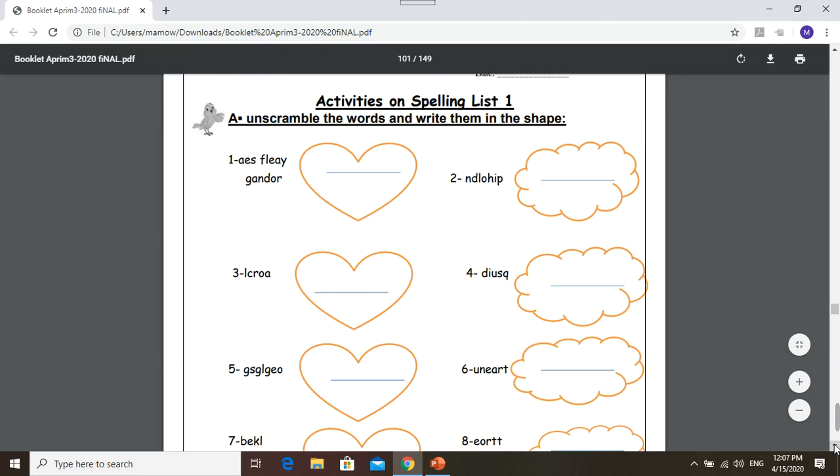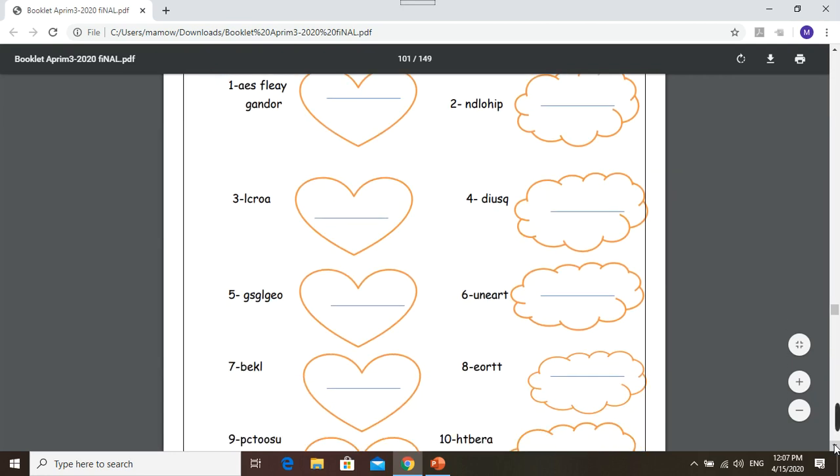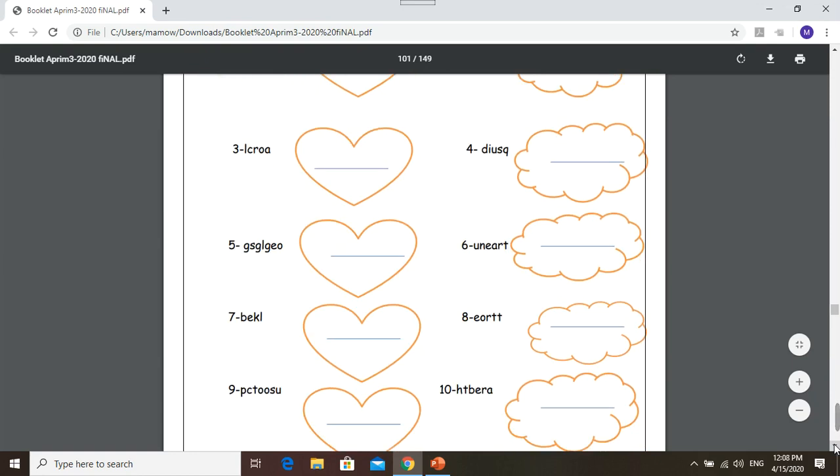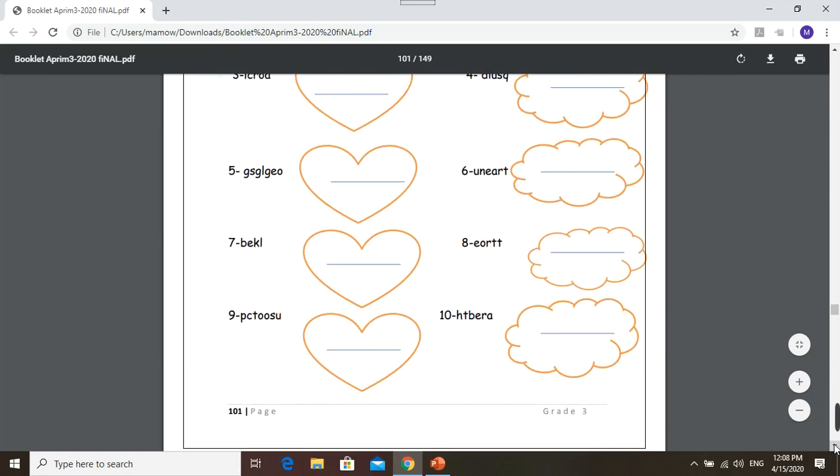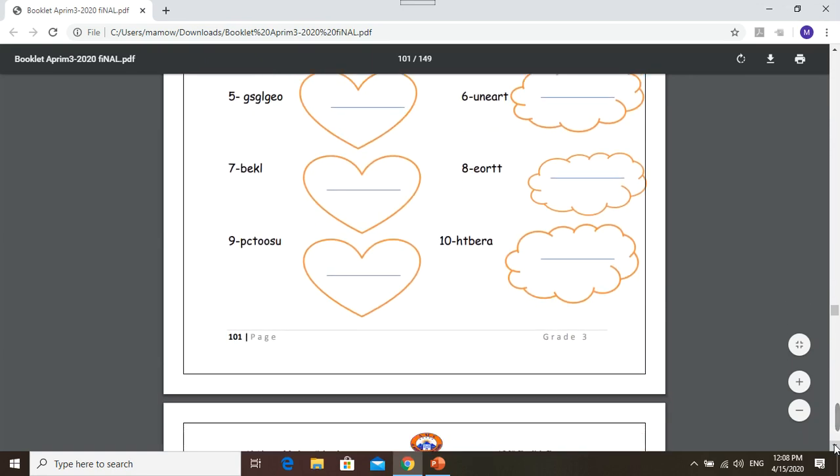Dolphin. Great. 3. Coral. Excellent. 4. Squid. Excellent. Number 5. It's very clear. Goggles. Great.